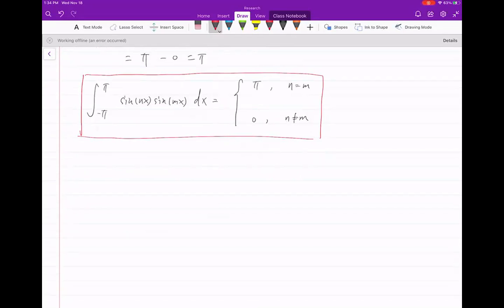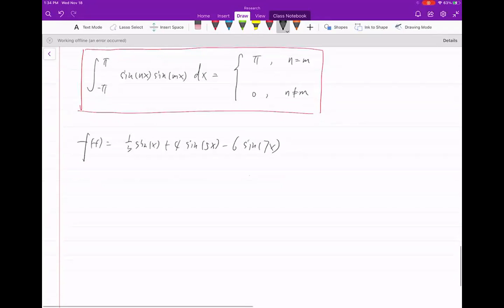All right, now think about what's going to happen. Why is this useful? Here comes the interesting thing. If you have a function which is periodic, for example, 1/3 sine x plus 4 sine 5x minus 6 sine 7x.